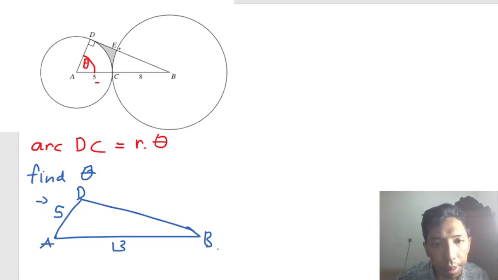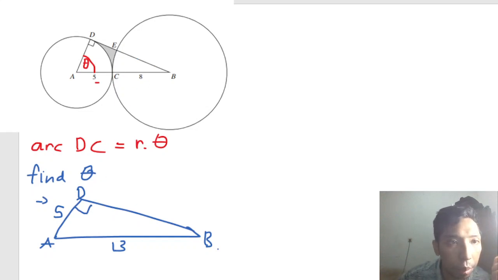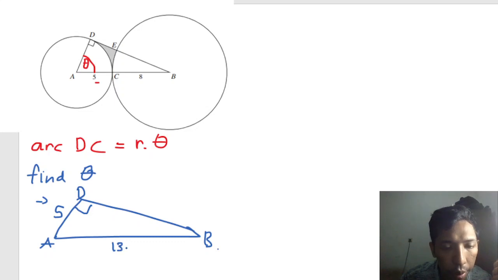And then what is DB? Because the triangle is a right triangle, there is a perpendicular sign over here, we can simply use Pythagoras.